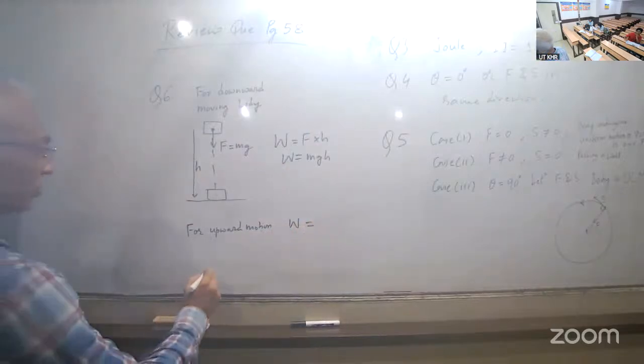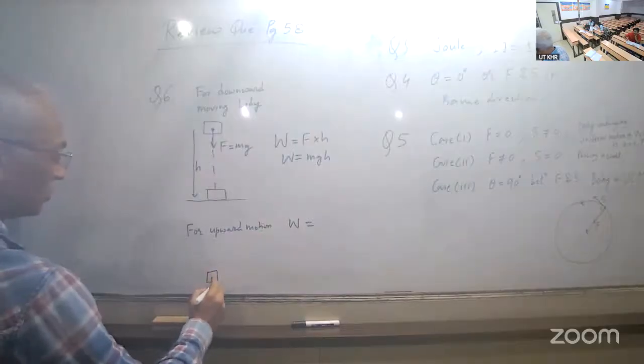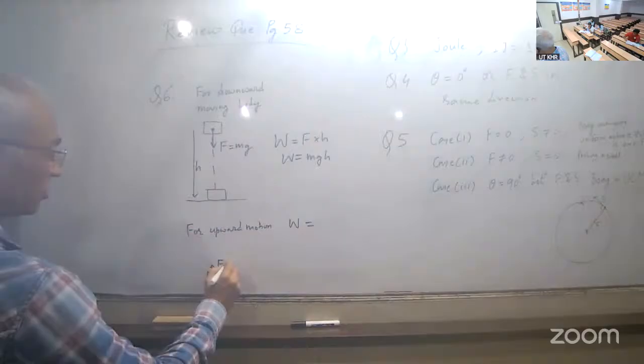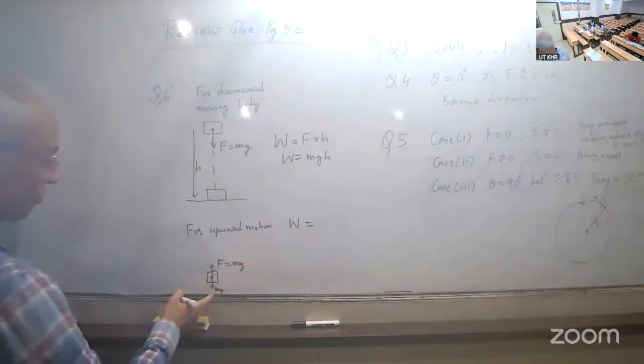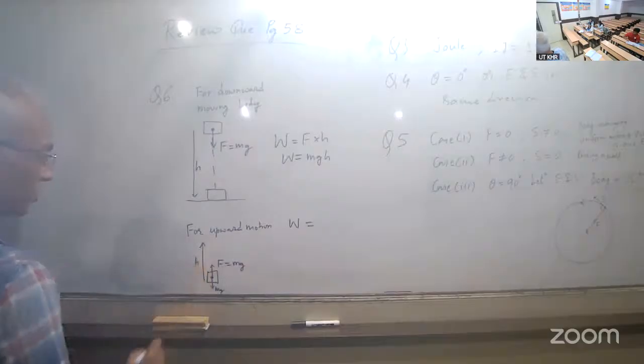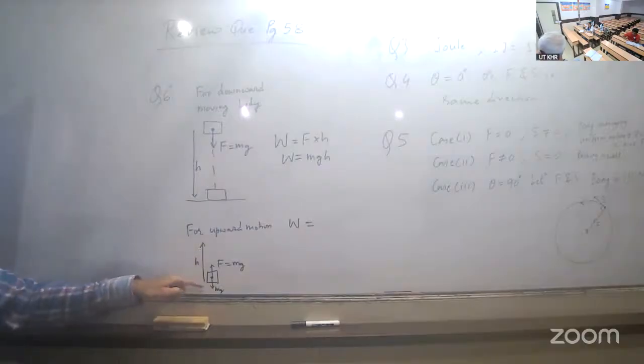Now, what is happening to the body? The downward force is mg, but now you have to apply an equal force mg in the upward direction. But we are calculating work done by the gravitational force. So mg is downward, h is up, so it is cos 180.